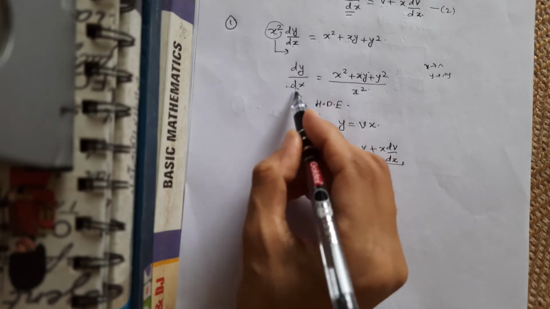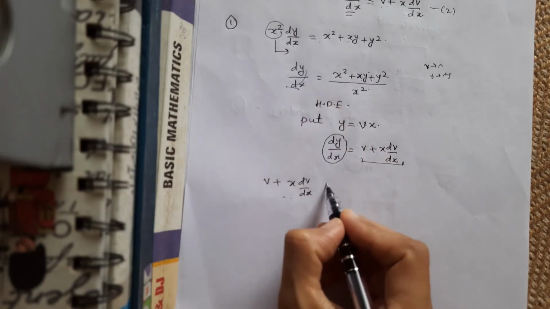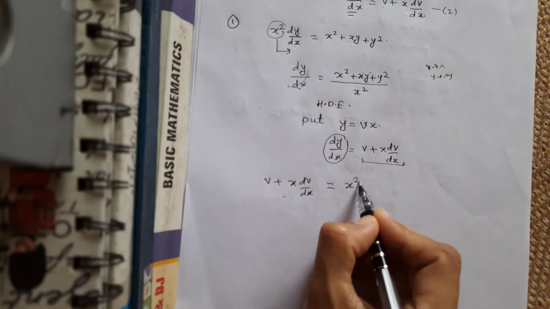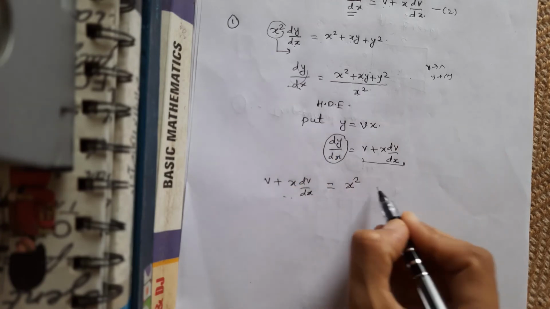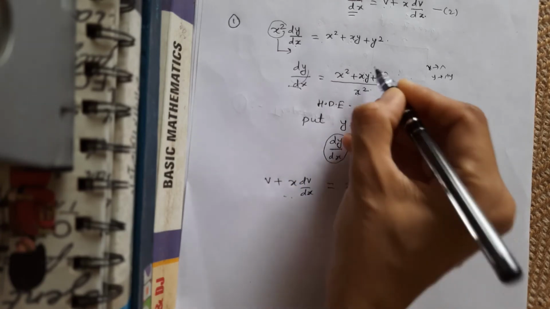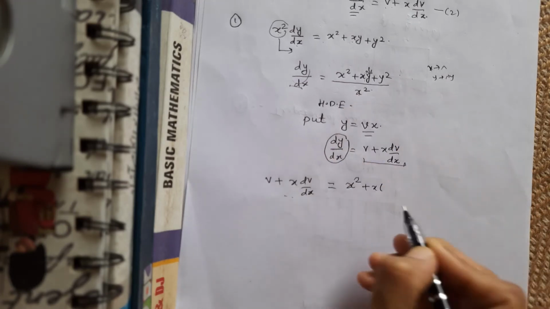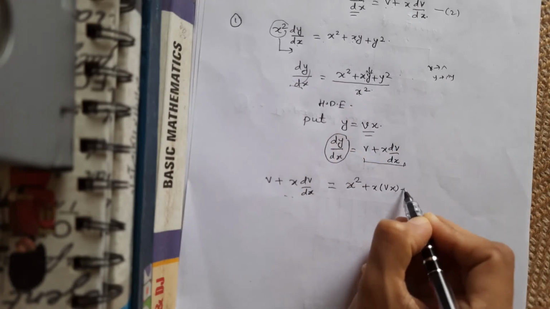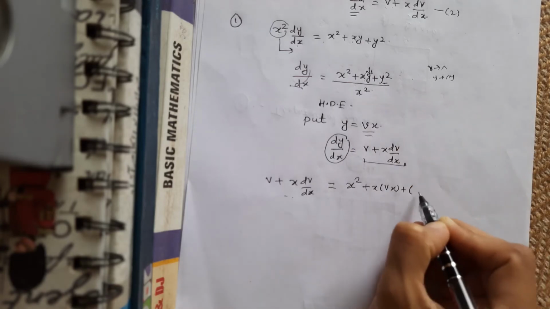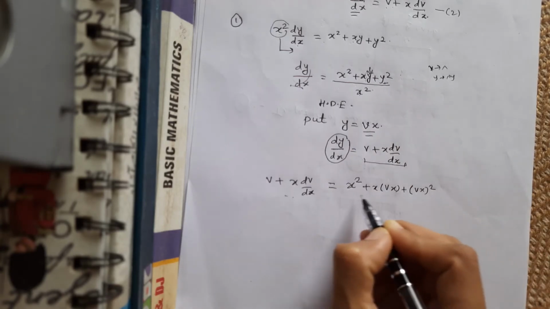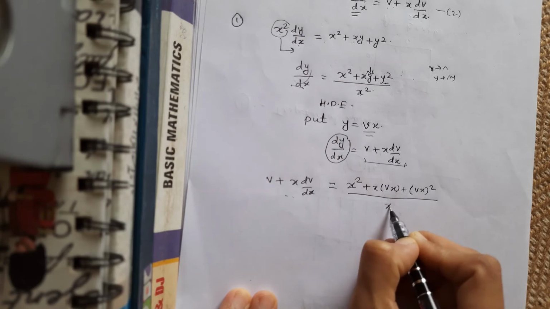I replace this dy by dx with this term, equal to x. I am not replacing x with anything, so x will be the same, plus x times y, and I am replacing y with vx, plus y square, which is vx square, upon x square.